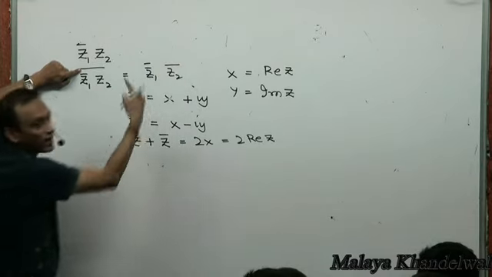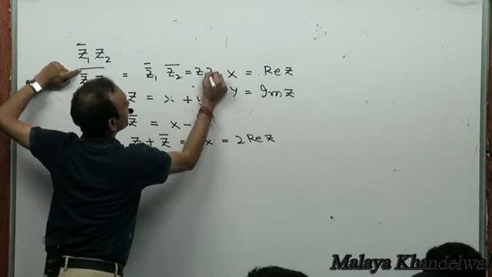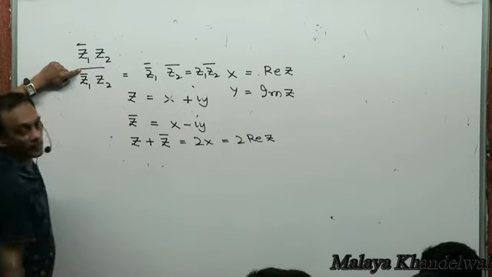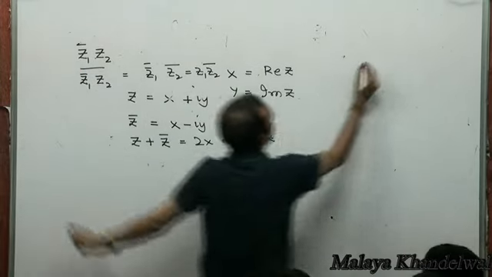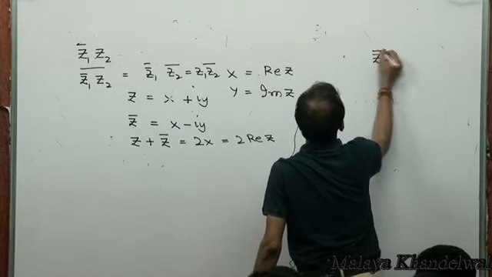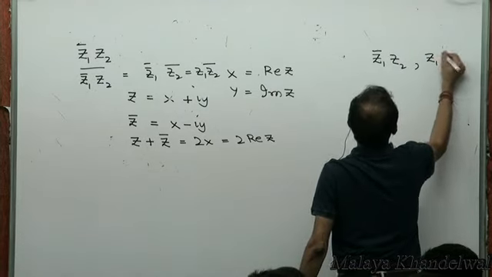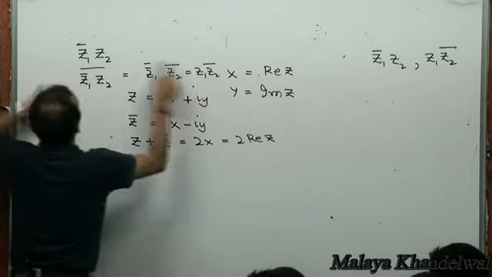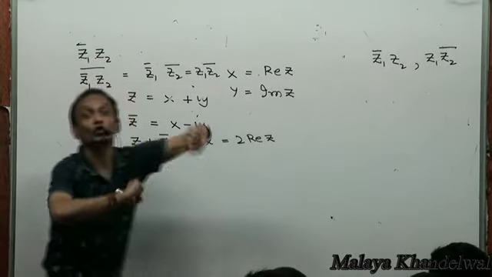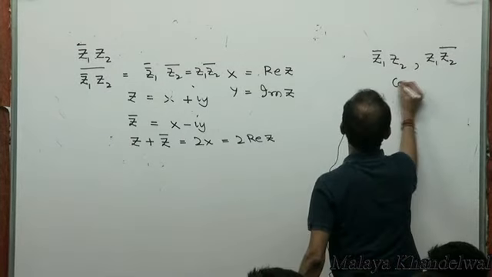But Z1 bar bar would be Z1. This is going to be Z1 Z2 bar. Yes or no? That means Z1 Z2 bar and Z1 bar Z2, they are conjugates of each other.